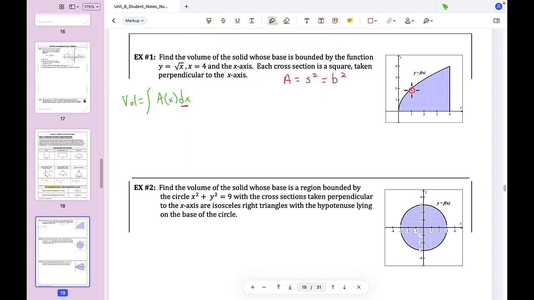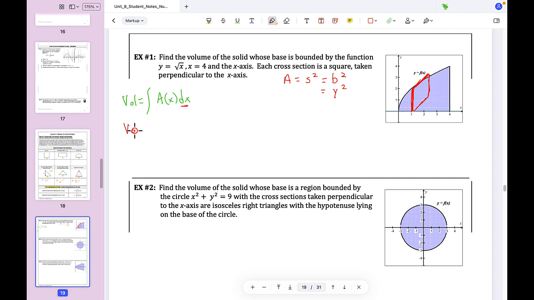So the side, or the base of the square, right? The base of the square is actually the distance from the x-axis to the curve, right? That's the base of our square. And the distance from the x-axis to the curve is y. So this is actually going to be y squared, okay?